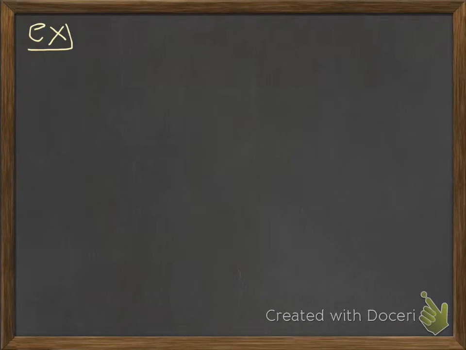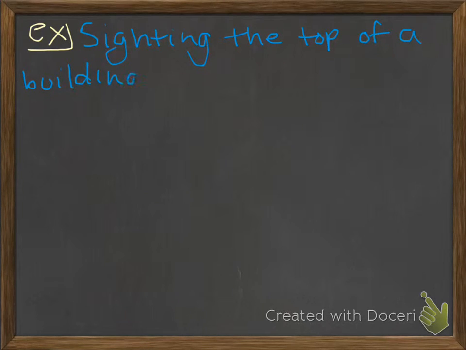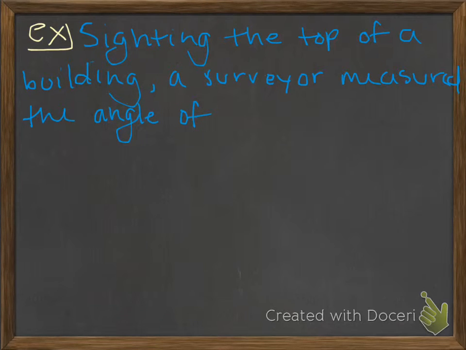Okay, sighting the top of a building. A surveyor measured the angle of elevation to be 22 degrees.